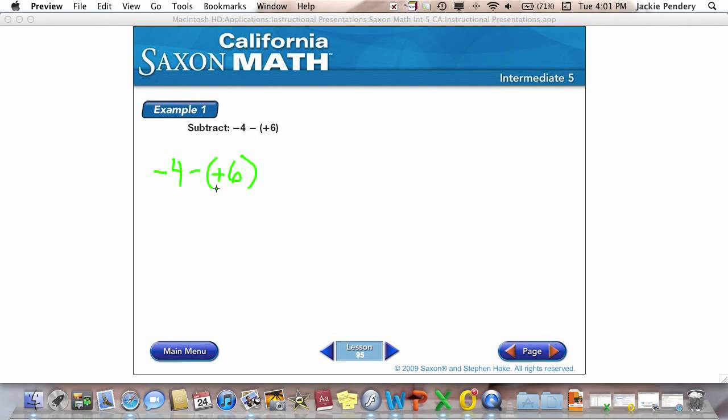Now, notice the parentheses. They're very important. If you see parentheses, you need to write them down. So this is the same as saying -4, and instead of saying minus +6, I'm going to add -6. I'm going to take these two signs and switch them. This means the opposite of +6, and the opposite of +6 is -6.